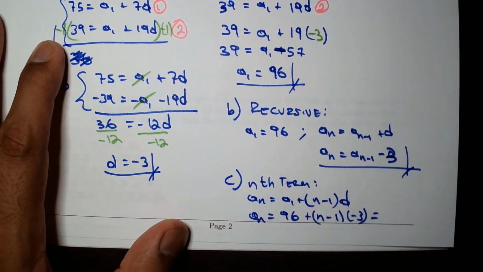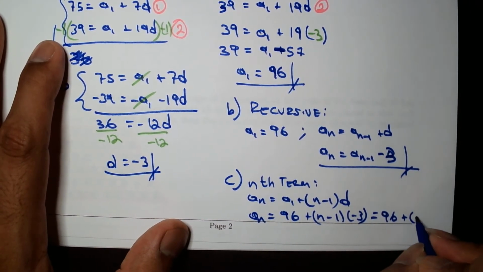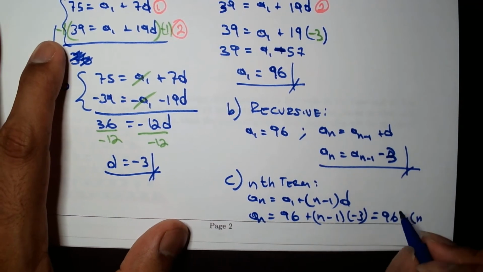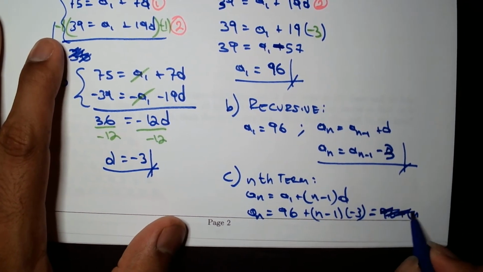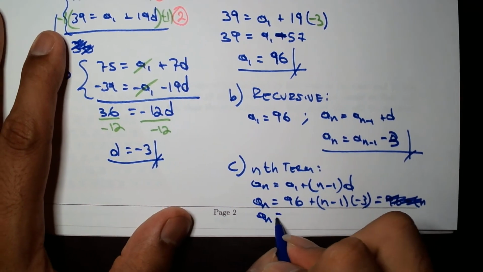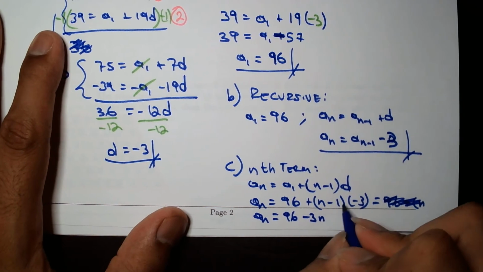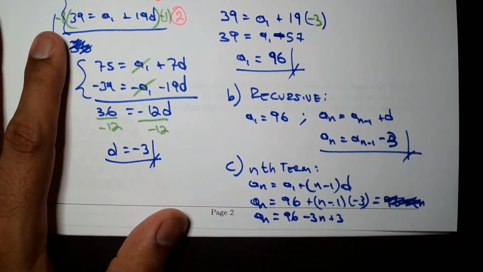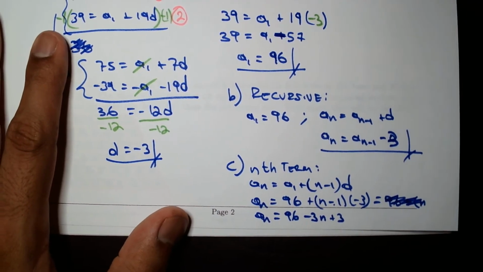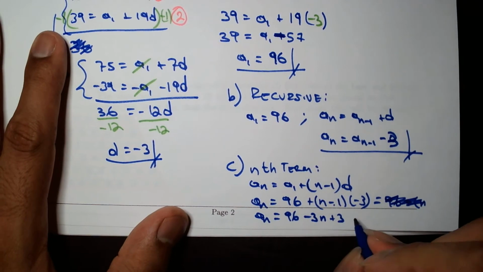which in this case is 96 minus 3n. A negative times a negative, be careful, plus 3. So in this case, what are we going to have? We're going to have a positive 99.